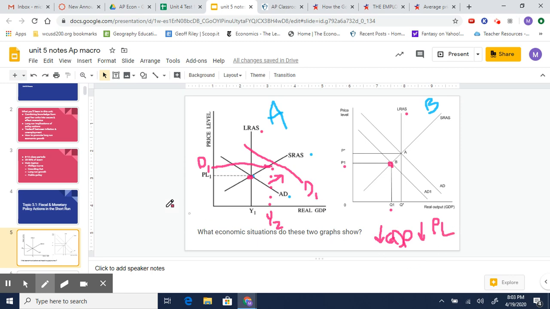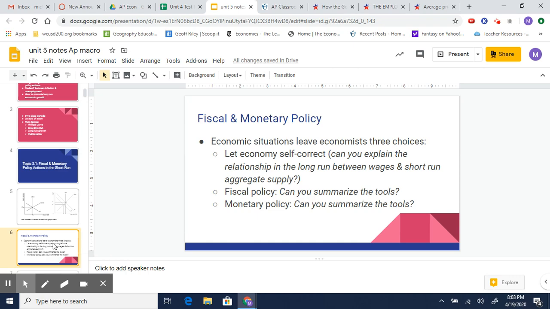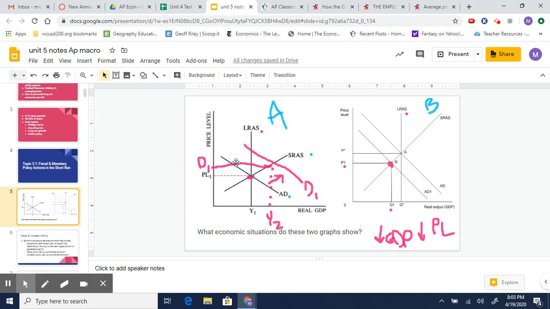All right, why am I bringing this stuff up? Because these are topics that you need to know about what the Fed and our government would do to correct those situations. So when you have an expansionary gap with graph A, where you have rising price levels, aka inflation, what would the Fed do? The Fed would pursue contractionary monetary policy.